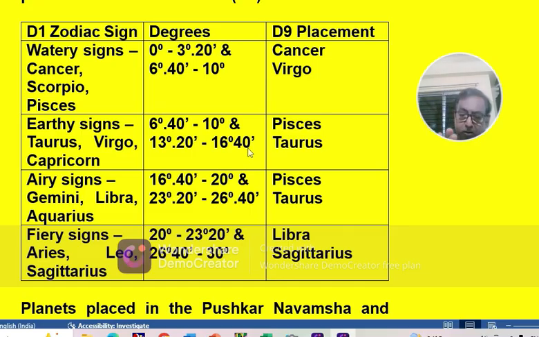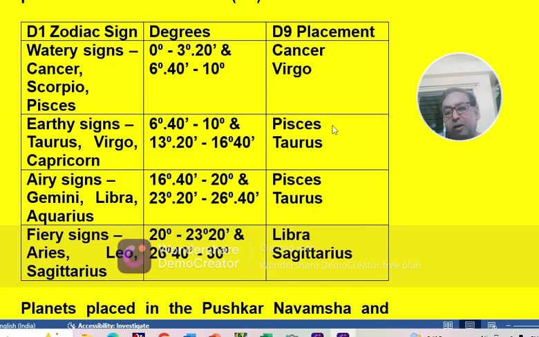Then if there is any planet in your Taurus, Virgo, Capricorn, either between 6 degree 40 minute and 10 degree, or 13 degree 20 minute and 16 degree 40 minute, they will go to the Pushkar Navamsha in the Navamsha sign, corresponding to Pisces Navamsha and Taurus Navamsha.